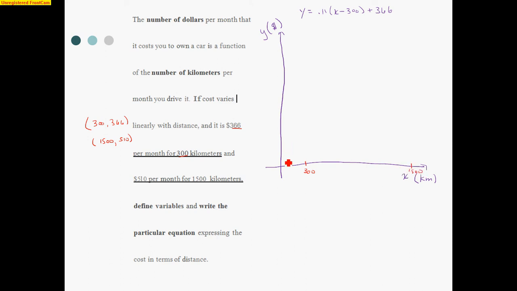And then here I'm going to say this is 300, and then 500, 700, 900, and I'm going to plot the point 300, 366, and I'm going to plot the point 1500, 510.